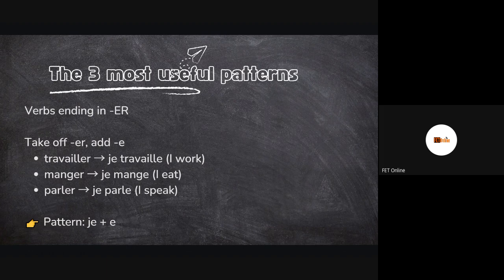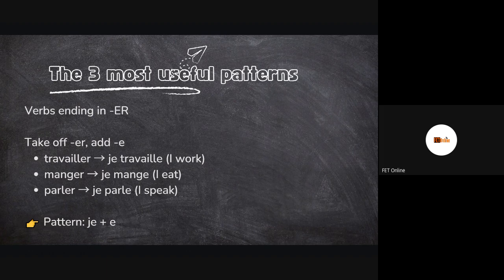Parler, the verb to speak, becomes je parle. And so for ER verbs, what you do is take off the ER, add E, add your je, and you will be able to say what it is that you want to say.